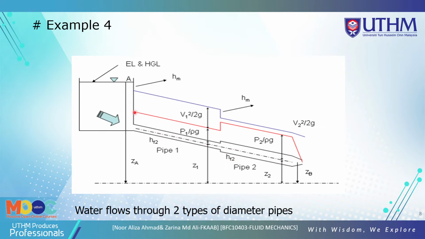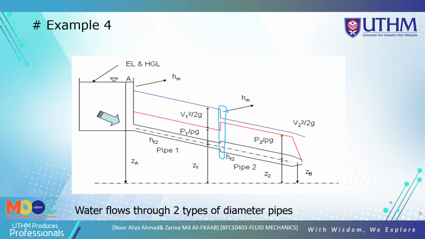Okay, so you draw this blue is EL line, the blue line, and the red line is the HGL line, based on this pipe. Okay, so kalau the pipe kecil, so based on the smaller pipe here to the bigger pipe, the EL line drops here.